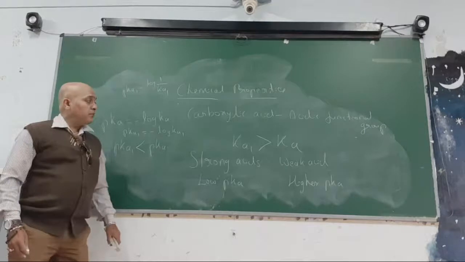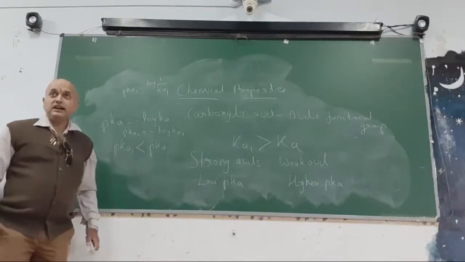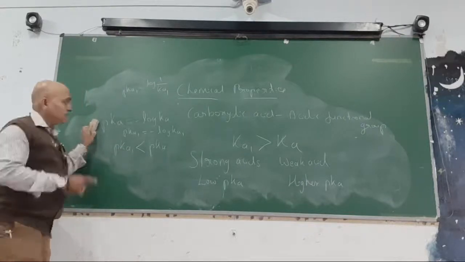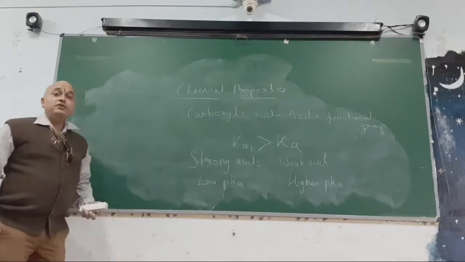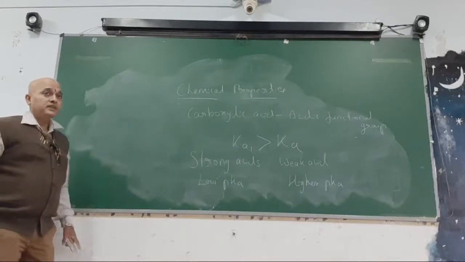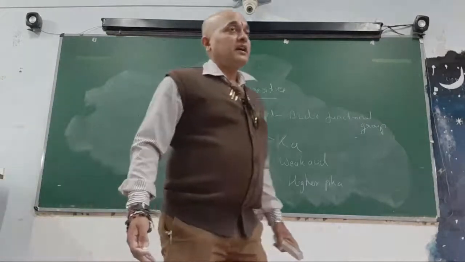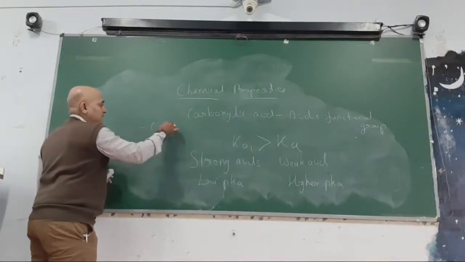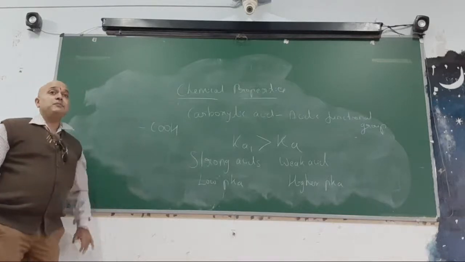Now, taking carboxylic acid organic compounds, they don't have the same pK value. Although there is a common ingredient, the carboxylic acid, they will not have the same pK value.